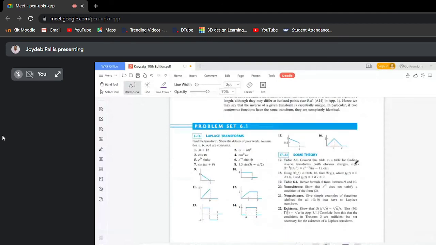This 9 to 16. Find the Laplace transform of these graphs, and most of the graphs are piecewise functions, right?